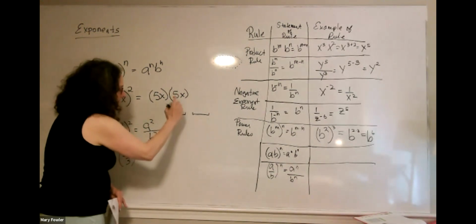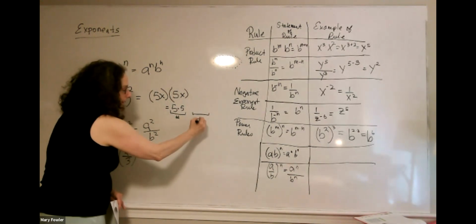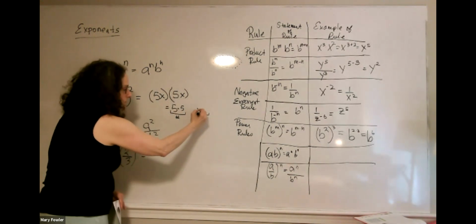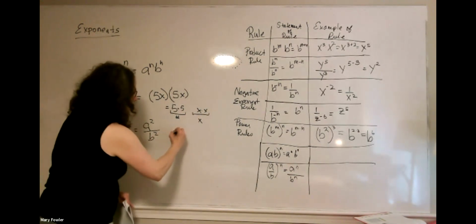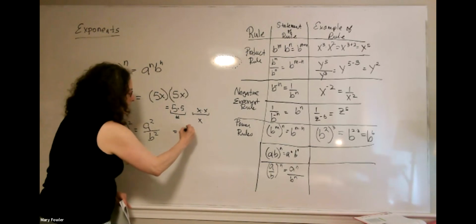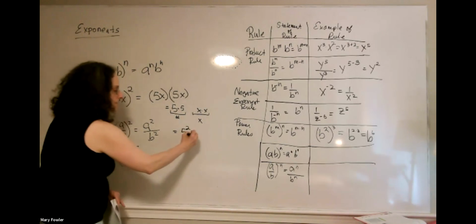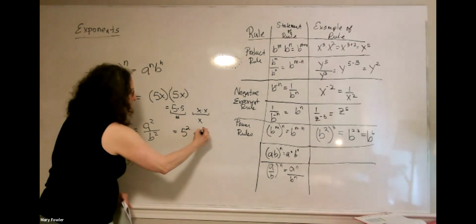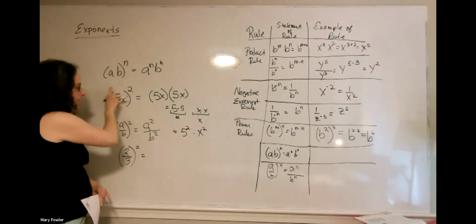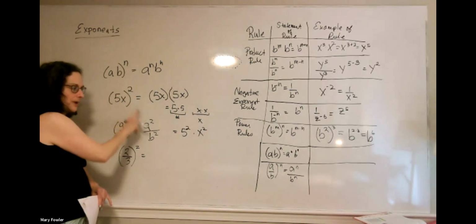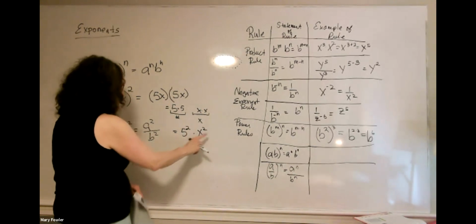And I see that I have 2 5s, so I'll put them over here in the number bucket. And I'm going to put the x's over here. So we end up with 2 5s, so 5 squared, and 2 x's, x squared. So 5x quantity raised to the 2nd power is 5 squared times x squared.